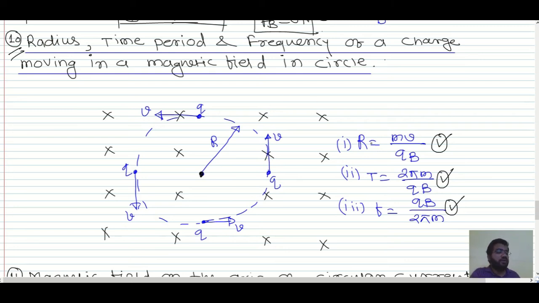Okay, and over here in the radius formula, always remember we take v always perpendicular to what? Magnetic field, right? So I'll write over here, velocity will be taken perpendicular to the magnetic field.